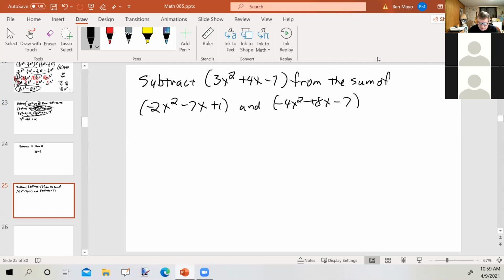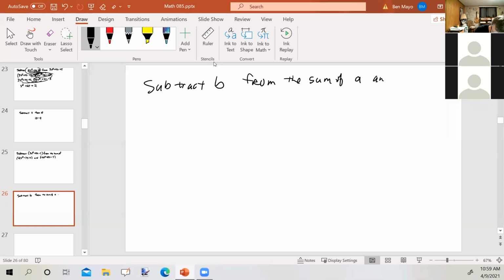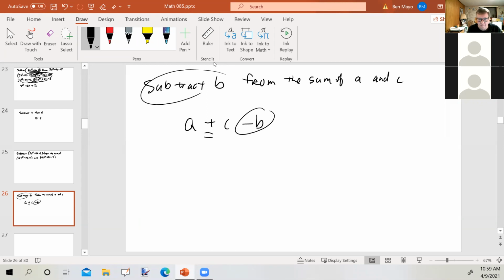So subtract this from the sum of that and that. What if I had subtract b from the sum of a and c? Wouldn't you write a plus c minus b? Subtract b from the sum of a and c. All right?